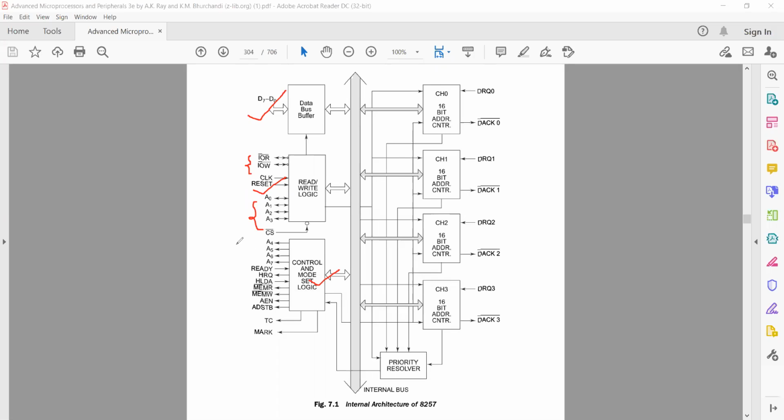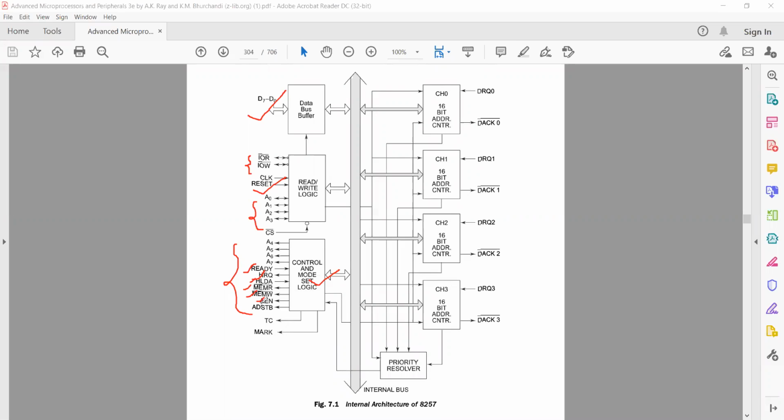8257. This particular block is the heart of 8257 because all the important control operations are here: ready and hold request, hold acknowledgement, memory write, memory read, address enable, address strobe.